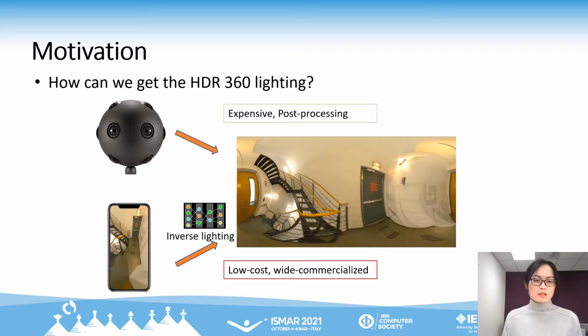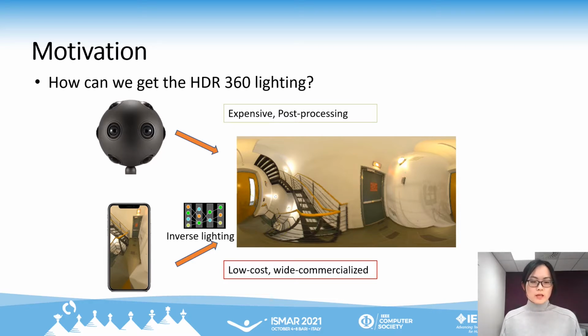A 360 omnidirectional capturing device can be used to obtain it, but such setups are often expensive and often go with massive post-processing techniques to get them to work. An alternative way is inverse lighting, which reconstructs the global environment map from a limited field of view image based on clues like the specular lights or the shadows that appear in that image.